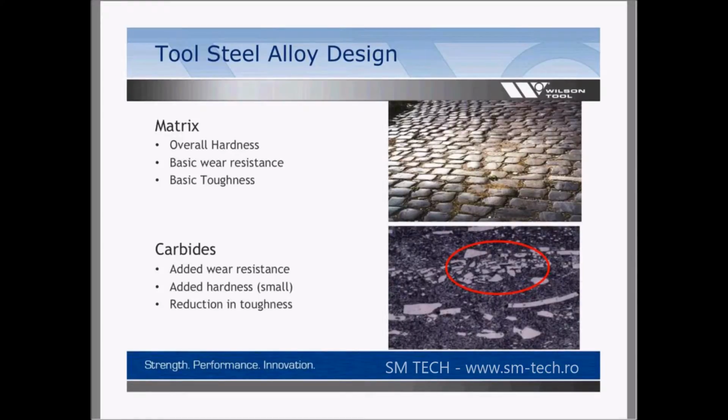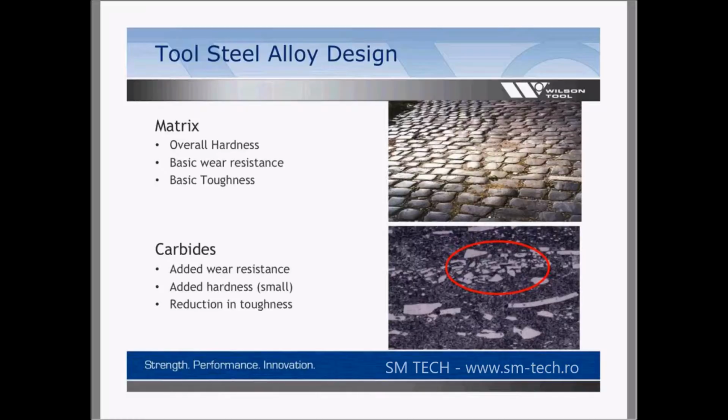Tool steel itself has a few fundamental characteristics that are most important: the matrix, or what holds all the alloys together, and the carbides. The carbides are what give you your additional wear resistance and hardness. The matrix is basically the mortar that keeps everything together.